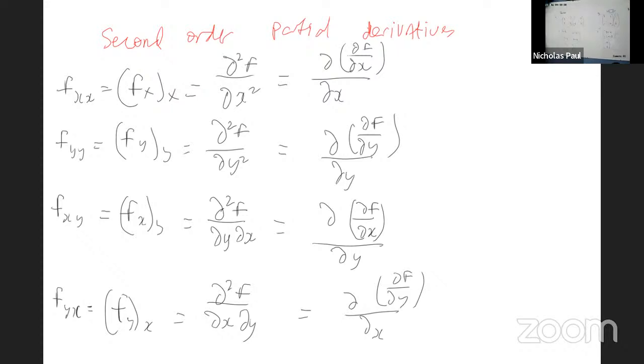Just try past papers, and that's it. Remember, you can see more than one variable. You can see x, y, you can see x, y, z.